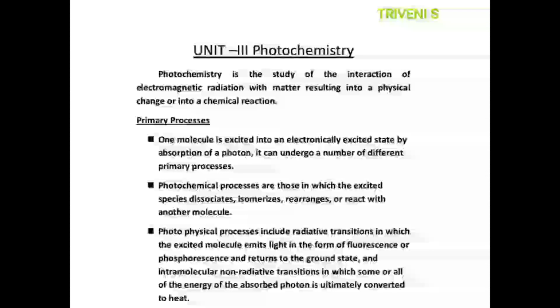These are the changes when electromagnetic radiation is absorbed by molecules. The chemical changes are what we study in photochemistry. And what are physical changes? Physical changes may be changes in density or variations in boiling point or melting point, or some other physical process when molecules absorb the radiation.